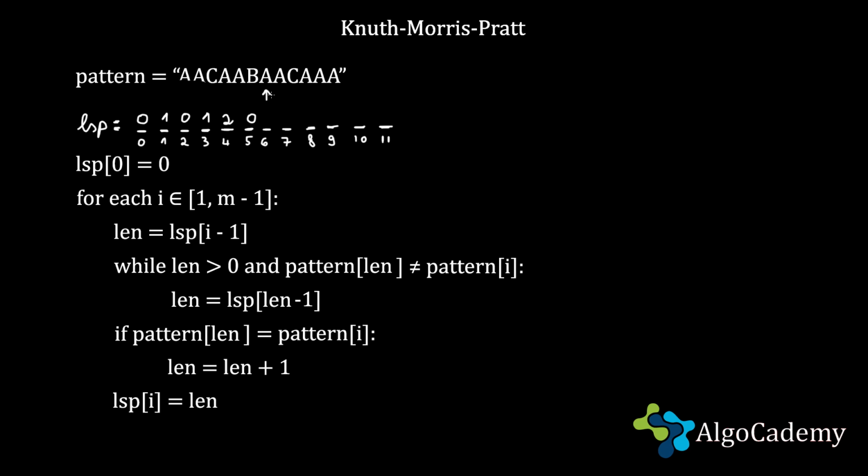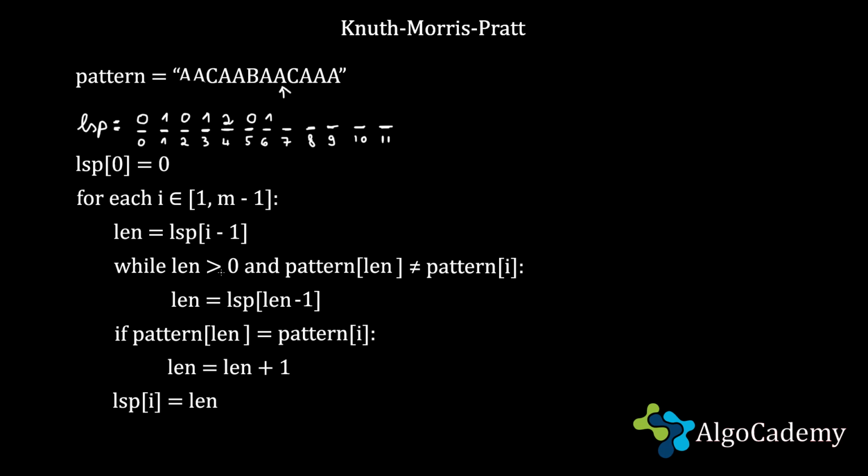I move on and want to compute this LSP. Len equals LSP of 5, which is 0. This is not going to be executed, so I still check if this pattern of 0 equals pattern of I, and they do, so len becomes 1, the LSP is 1, which is right, because A equals A. Now, I move to the next one, which will be here, and I first initialize len with 1.